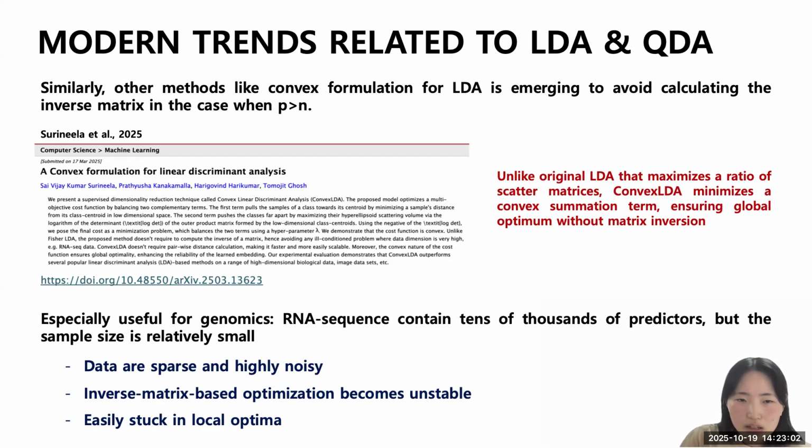This is particularly useful for genomics. RNA sequence data contain tens of thousands of predictors but very few samples. Such data are sparse, noisy, and unstable for inverse matrix-based optimization. Convex LDA provides a stable and efficient alternative that performs well even under the extreme condition.